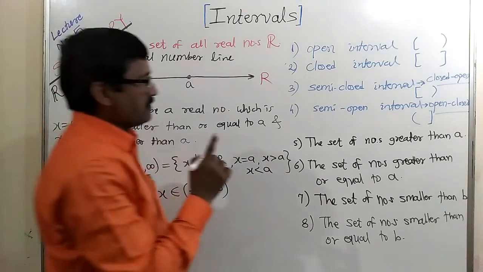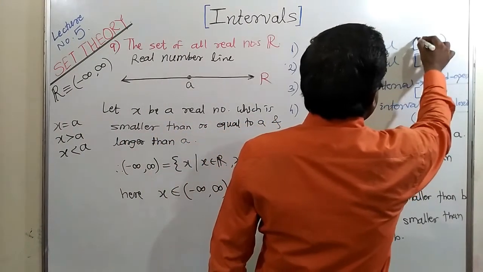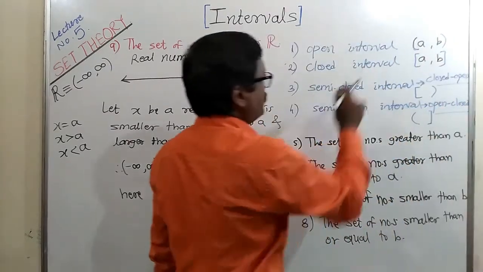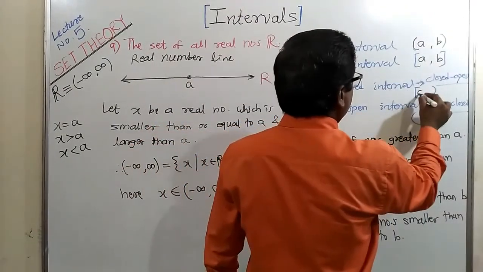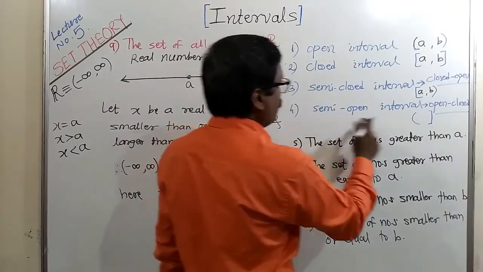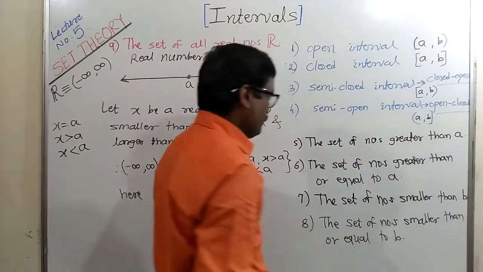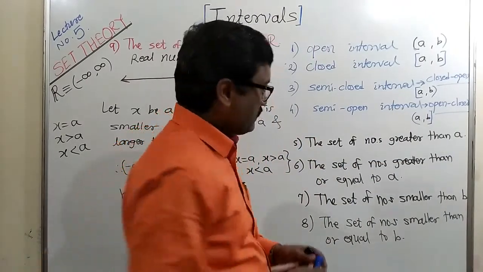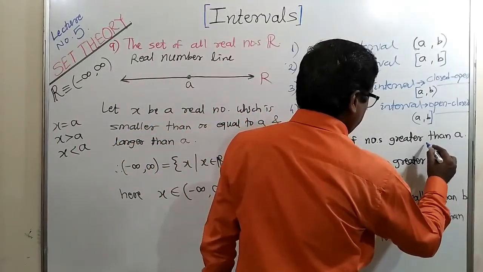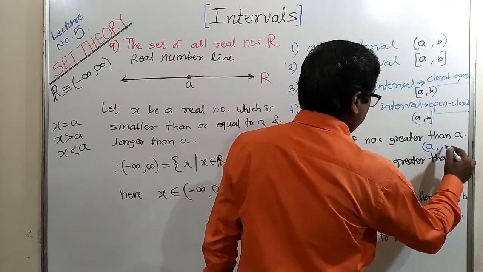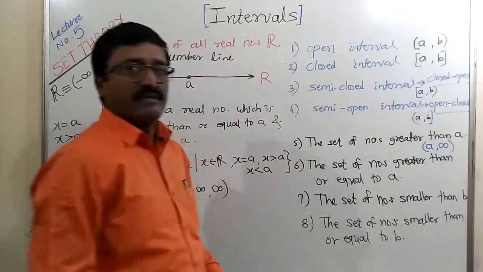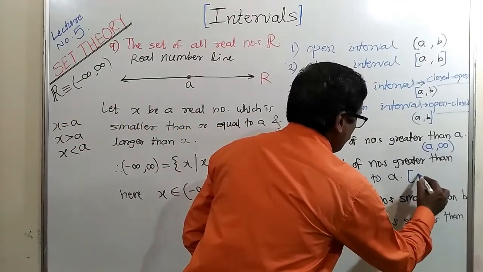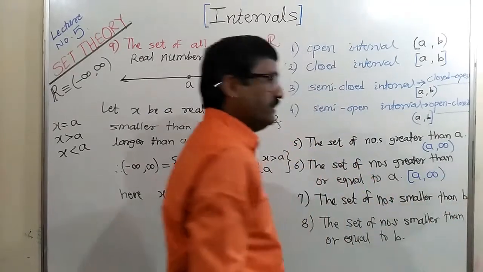Okay, let us once again revise all the intervals. Open interval means it is open A, B. Close A, close B, that is closed interval. Semi-closed means close A, open B. Semi-open means open A, close B. The set of numbers greater than A is nothing but open A, infinity. Is it clear? The set of numbers greater than or equal to A, so close A, open infinity.